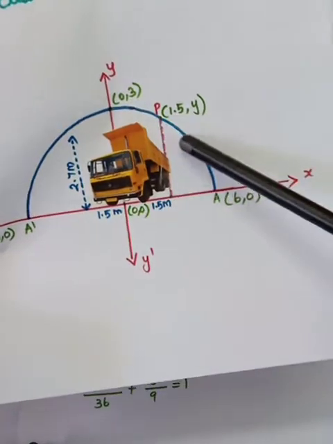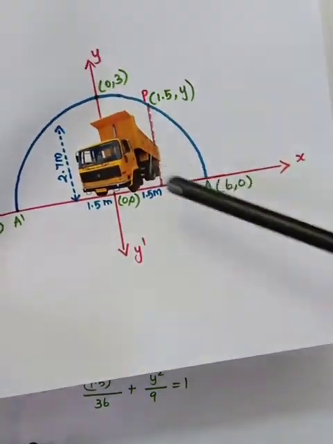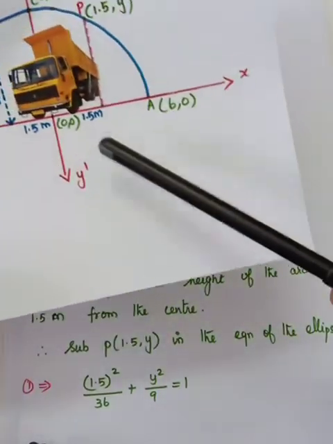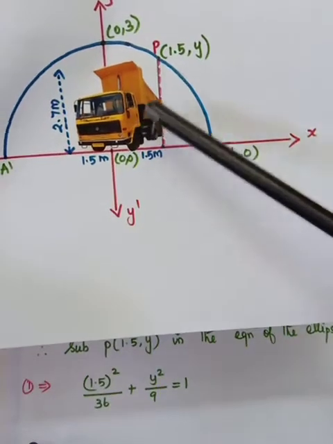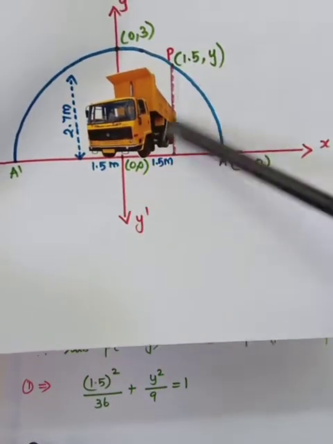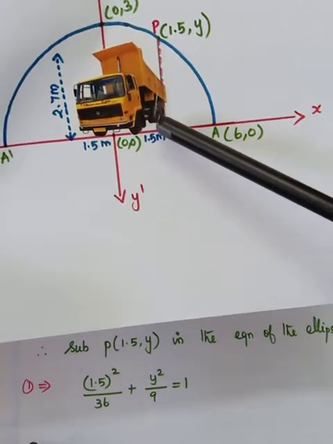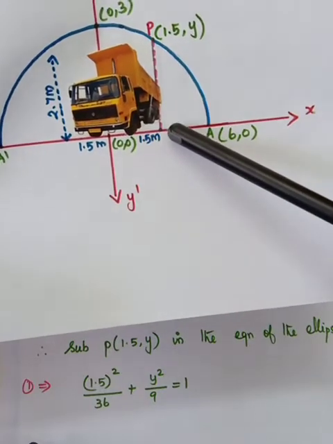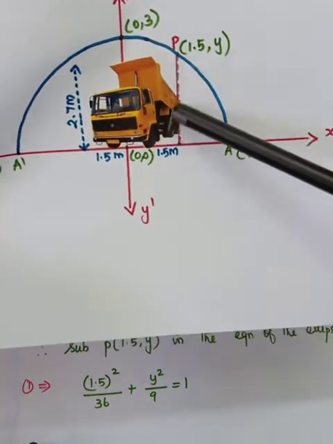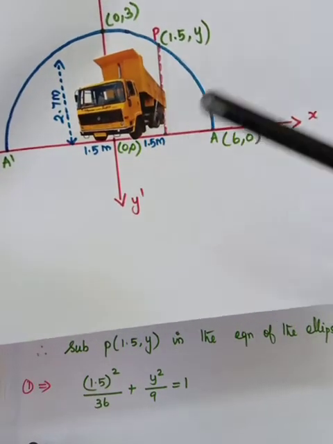It is in the form of a semi-ellipse, so therefore the height reduces. Now to determine the clearance of the truck, we must find the height of the archway at 1.5 meter from the center. So this height we have to find out. Then only we can say whether the truck clears the opening or not.